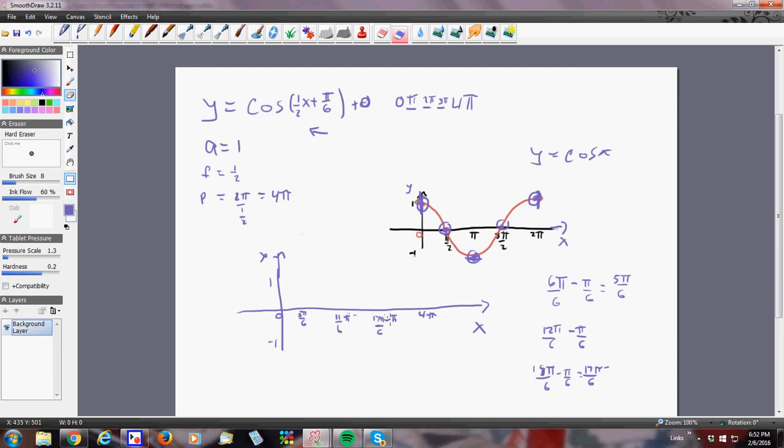And if I do one last one, which is going to be 4 pi, 4 pi minus pi over 6, that's going to become 24 pi over 6, which gives me 23 pi over 6. And I certainly hope that's right. I have been a tad bit distracted. But there is one more. I actually have to do 0 minus pi over 6, so I get negative pi over 6.